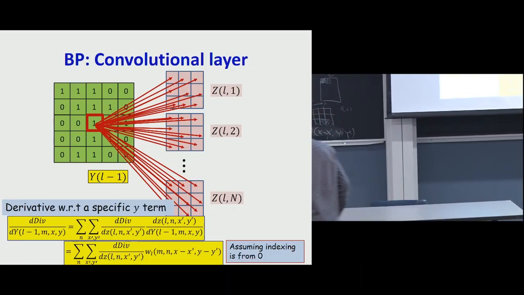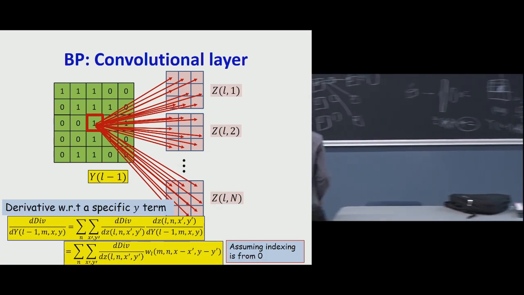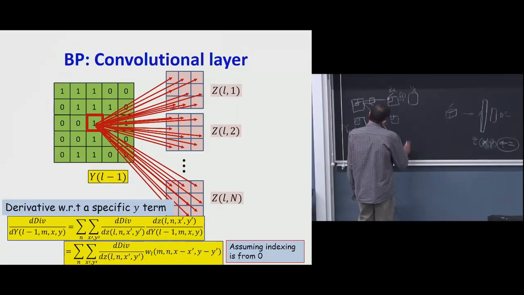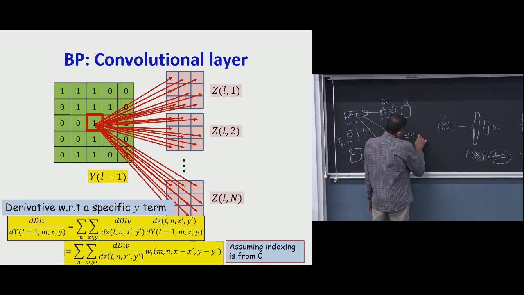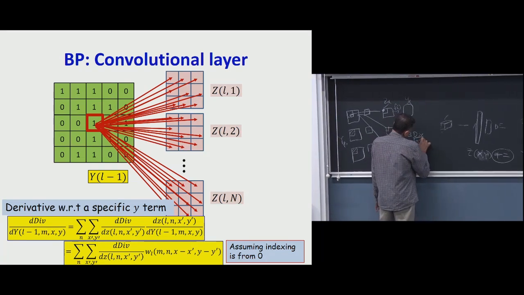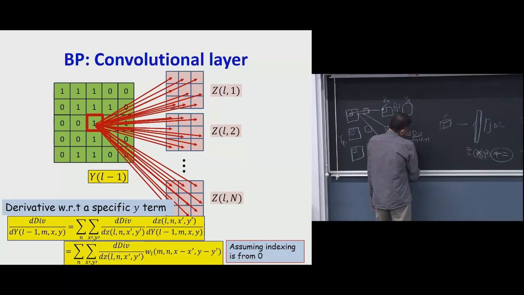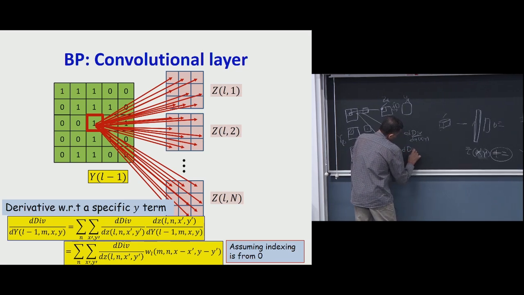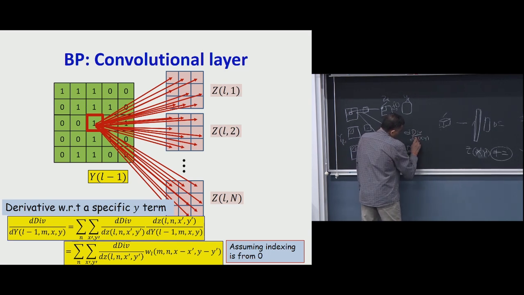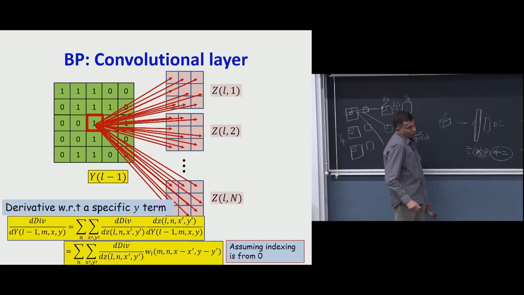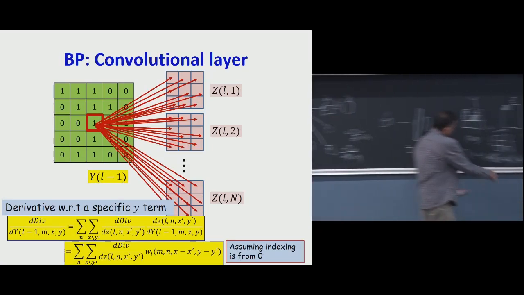So if I have a derivative of the divergence with respect to z x prime y prime, and the derivative of the divergence with respect to y xy, what is the contribution going to be from this term?